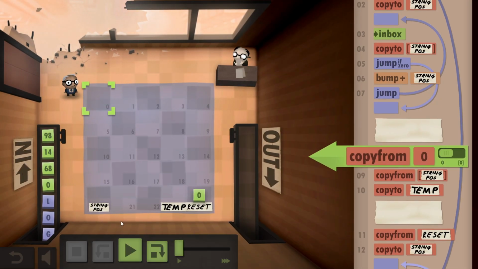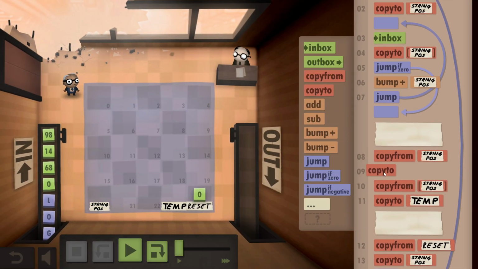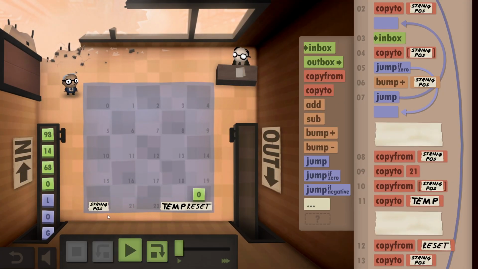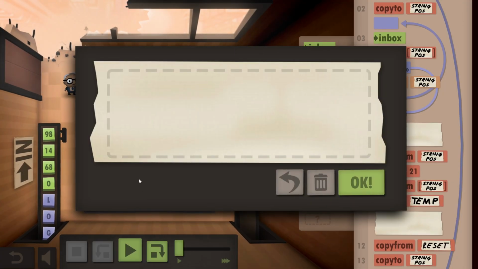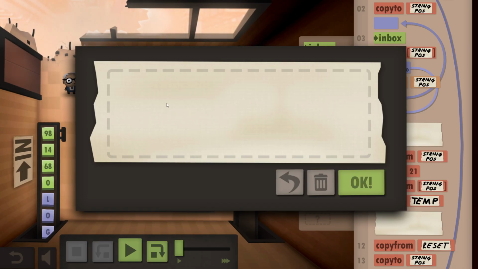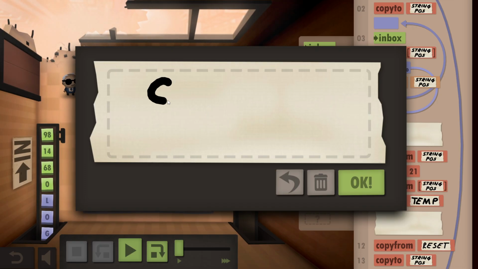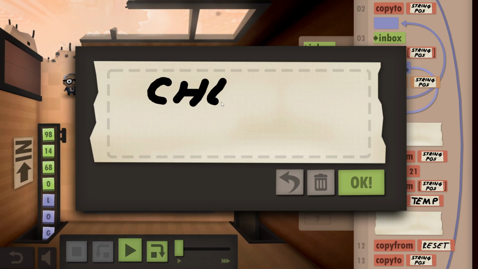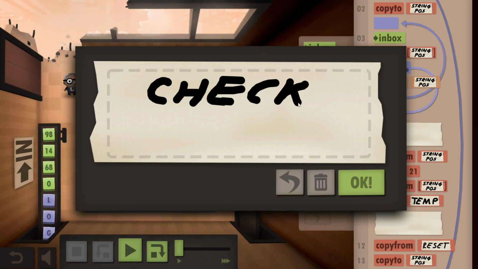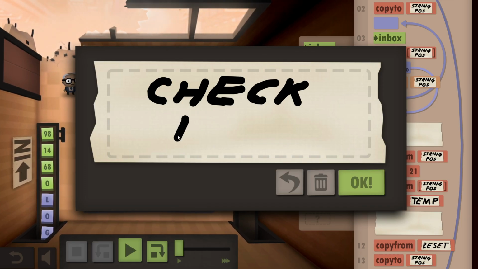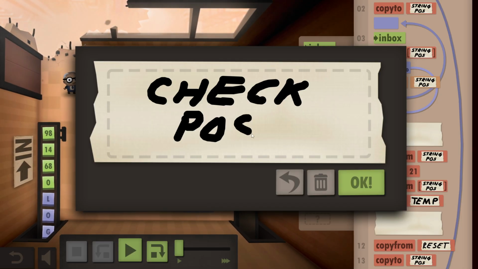What if we do this? Copy from you, paste it to 21, which is gonna be... What did I say is gonna be called? Another count that we're gonna minus, right? Checking position.